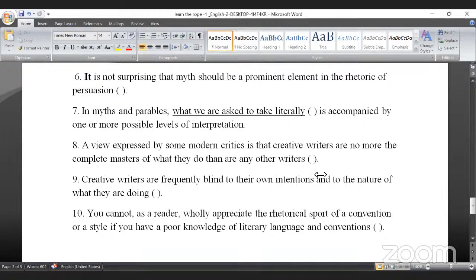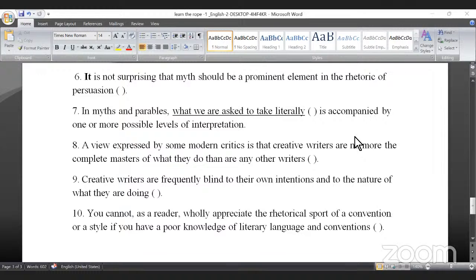Now we look at the sentence as such. Creative writers are frequently blind to their own intentions and to the nature of what they are doing. What is the subordinate clause here? Which part of the sentence is a subordinate clause? To their own intentions and to the nature of what they are doing.